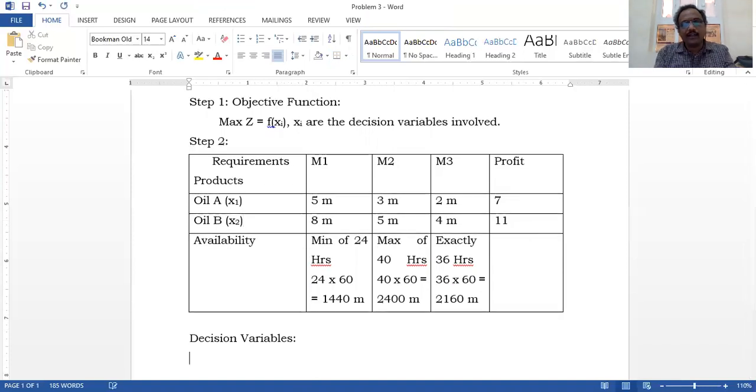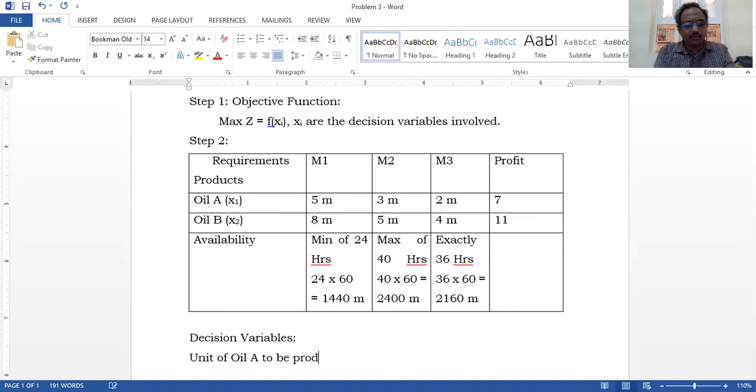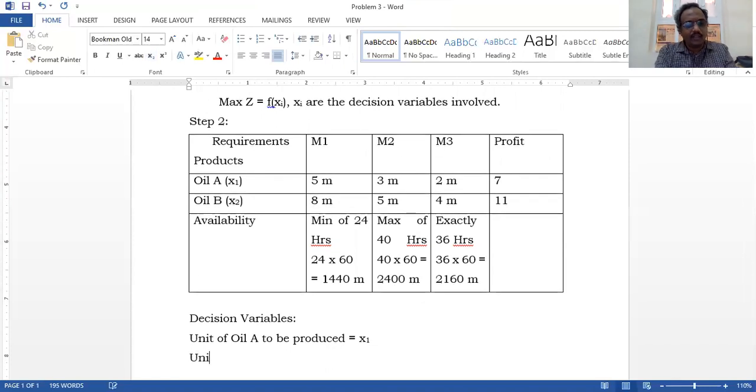So I am going to define the decision variable: units of oil A to be produced, I am going to define this as X1, the first one, and units of oil B to be produced, I am going to define this as X2.